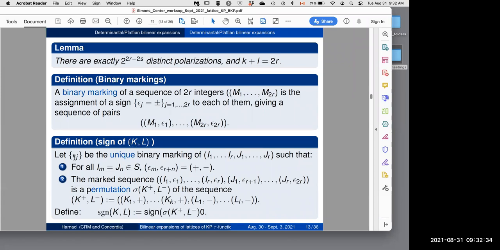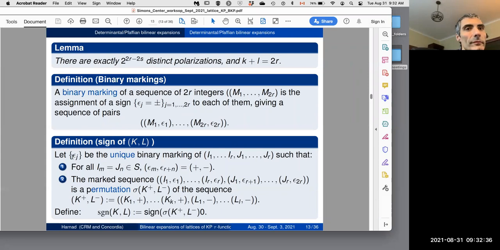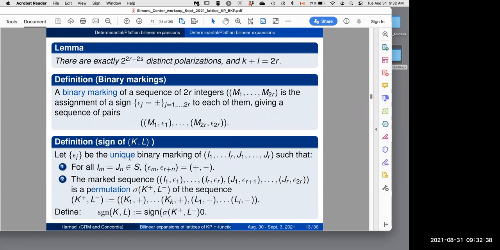If you choose your signs epsilon to be the unique binary markings such that if I_m and J_n are equal, then the first one gets the sign plus and the second gets the sign minus. Otherwise, no constraints because they're distinct and you could have either plus or minus going either way. But impose this constraint and it makes it a one-to-one correspondence.